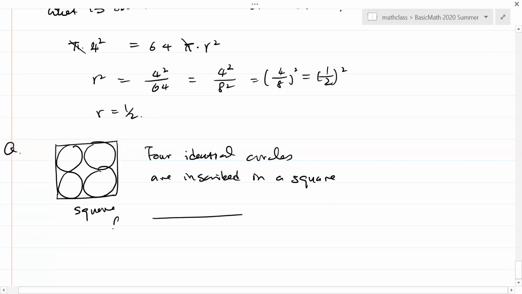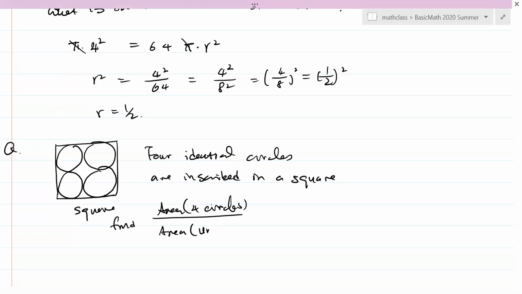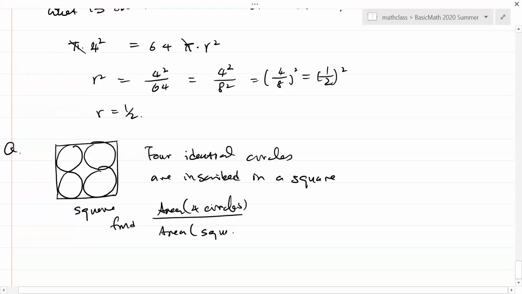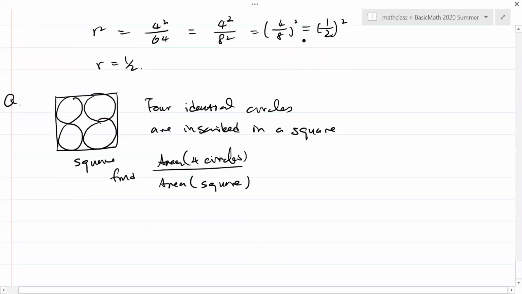Find the area of 4 circles and the area of the square. It's not necessarily a unit square, but the ratio will be the same. Now, clearly the ratio will be smaller than 1. Why? Because the 4 circles do not occupy the whole square, so they have less area. Now, question, how do you solve it?